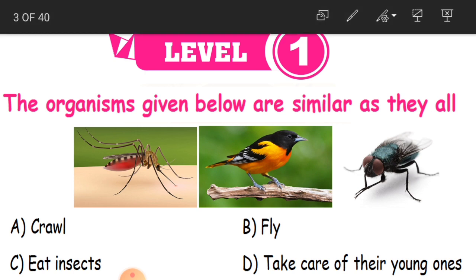Because they can crawl, because they can fly, because they can eat insects, or because they take care of their young ones. So how are these three common? Now you have three birds or insects here. One is a grasshopper type of insect, one is a mosquito, and one is a bird. So these are all similar because they can fly. Okay children, so B is the correct option.